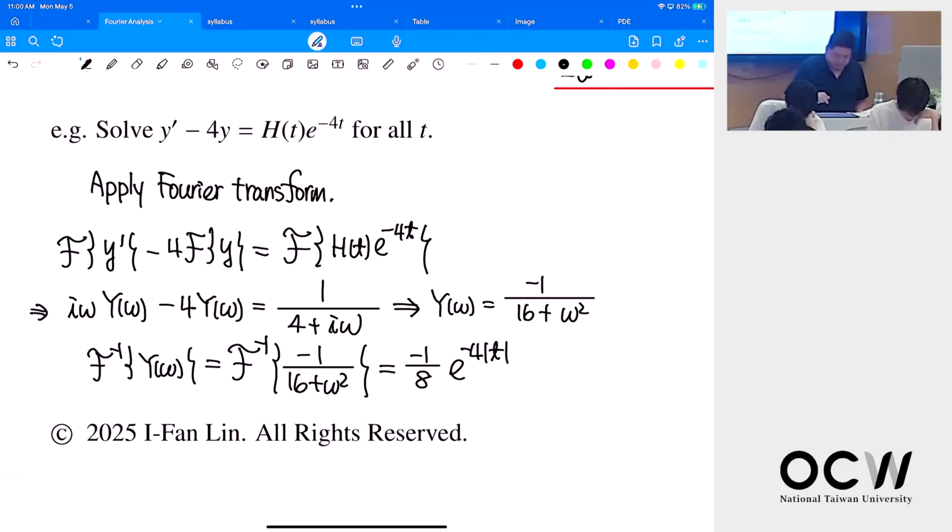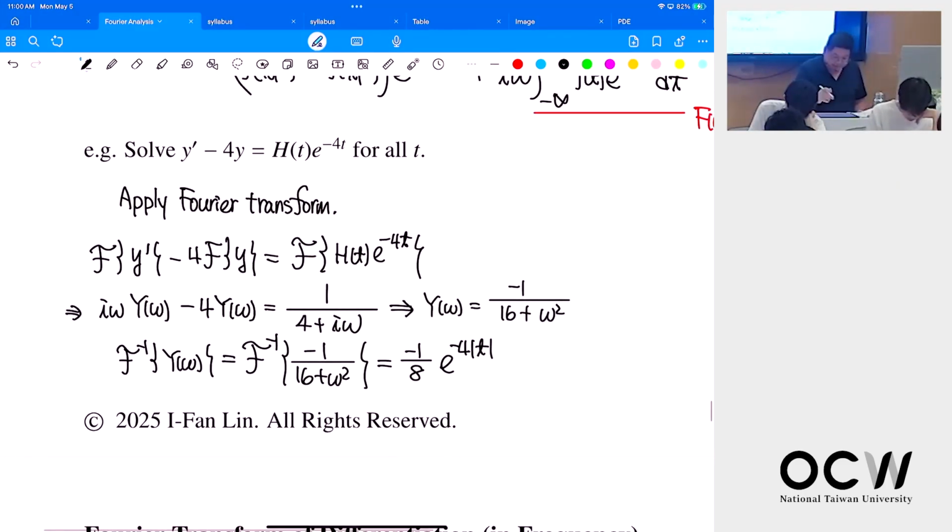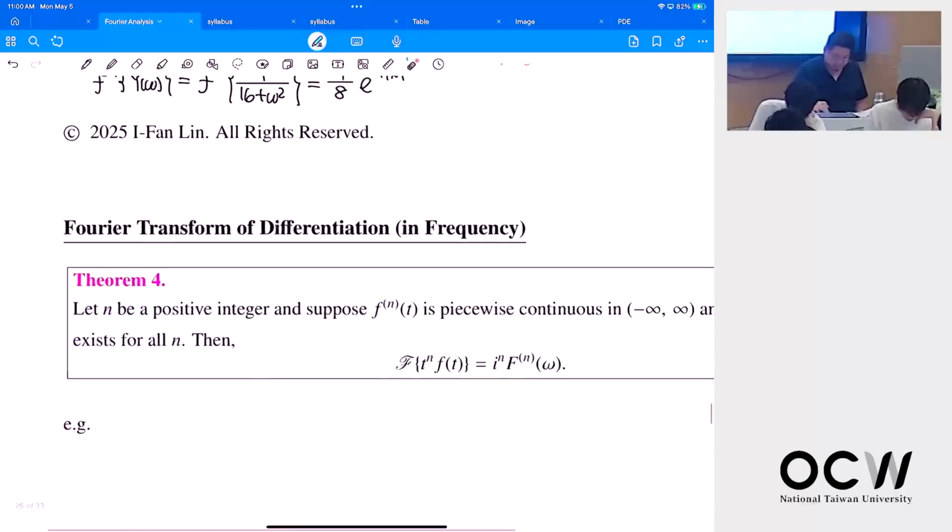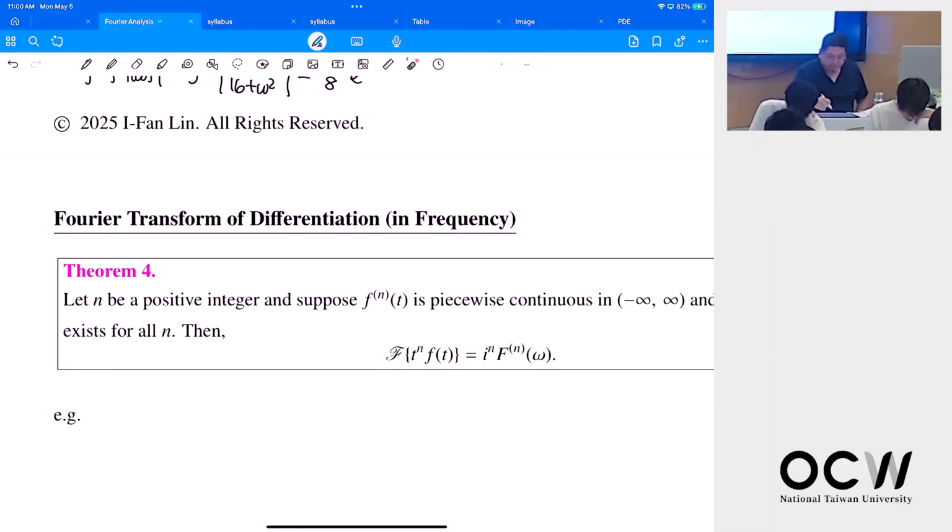Okay. Now, next. How about the Fourier transform of differentiation in the frequency domain? What does that mean? If I take the derivative in the frequency domain, that means in the time domain, I will multiply by t. Every time I take the derivative, I will get t. If I take the derivative twice, then in the time domain, I will multiply by t squared.